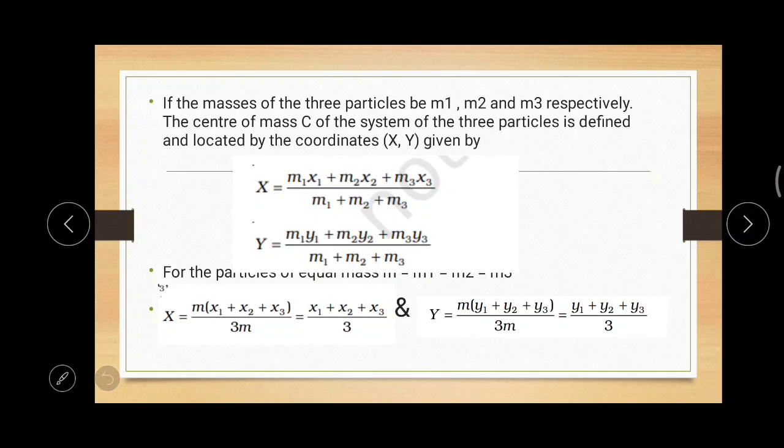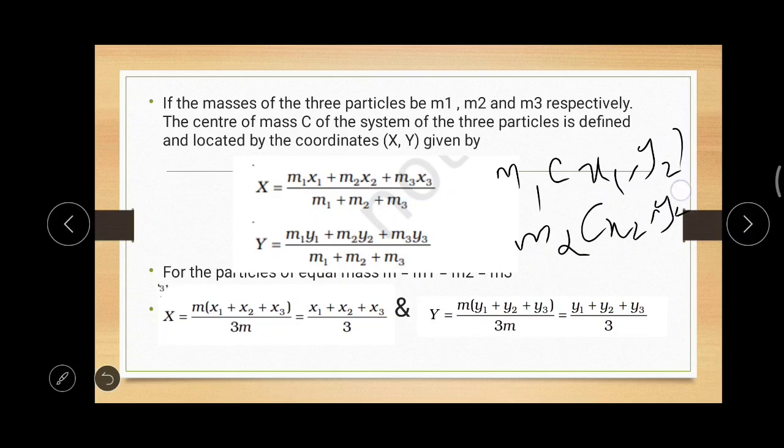The particle m1 is at the point x1, y1. So we can say m1 is at x1 y1, m2 is at x2 y2, and m3 is at x3 y3.